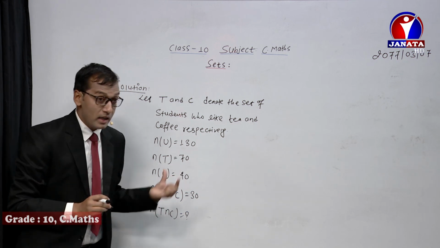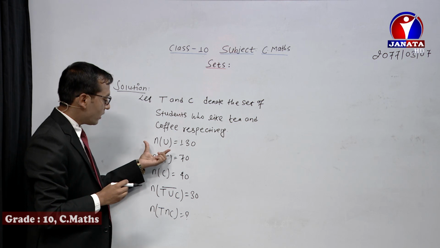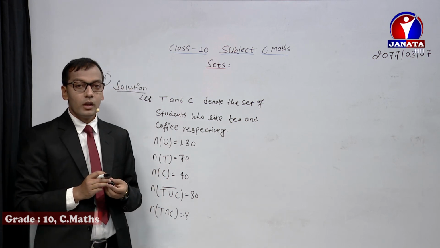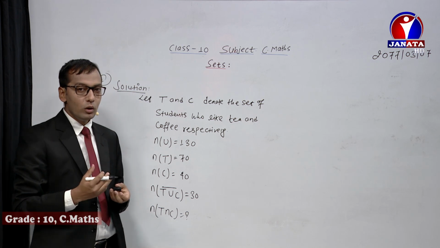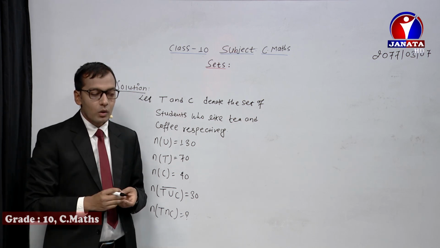Okay, so in the Venn diagram method, after writing all the information, first we check whether the intersection of the two subsets is known or not. If the intersection of the two subsets is unknown, we suppose it.